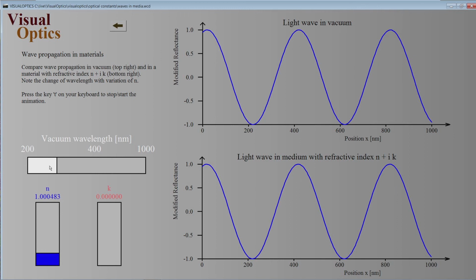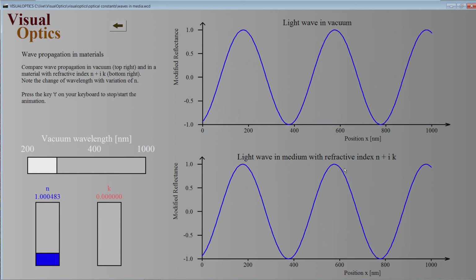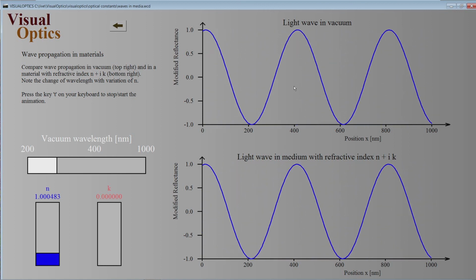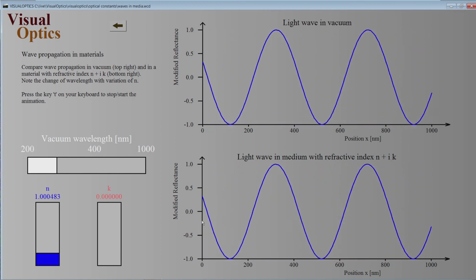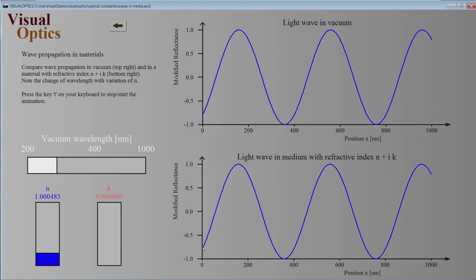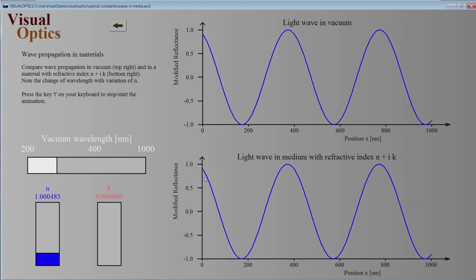As long as N is about in the order of 1, you can see that the light wave in this material is exactly the same as the light wave in vacuum. Here at the left end, where we see the up and down of the electric field, you can see basically the frequency. The frequency is the same in both cases, in the upper and lower wave.